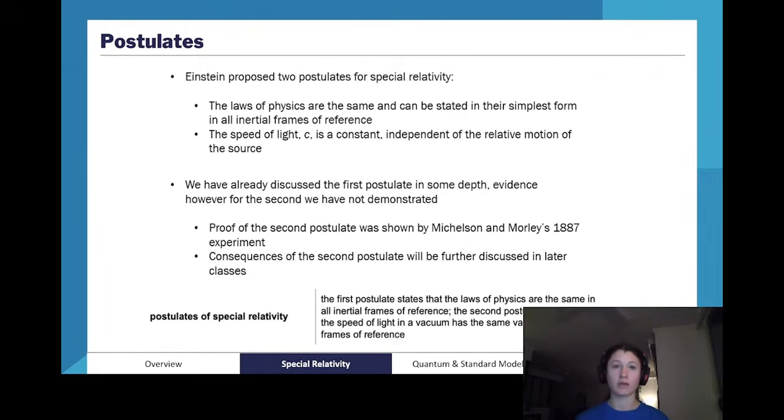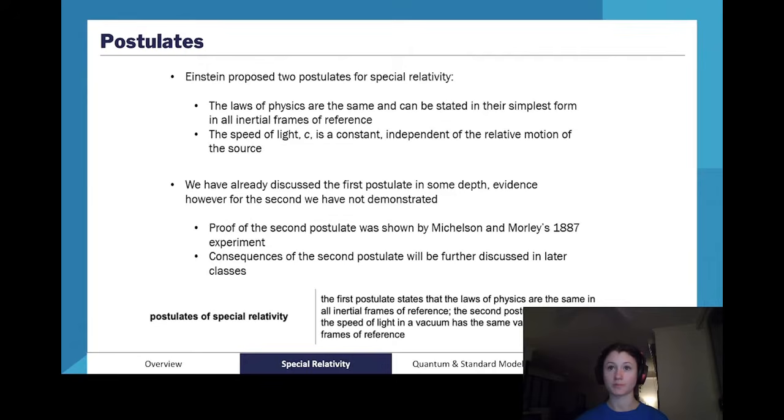Next, we're looking at the postulates. These are known as Einstein's two postulates if you're ever asked for them in an exam. So Einstein has two postulates for special relativity. The first one is that the laws of physics are the same and can be stated in their simplest form in all inertial frames of reference.